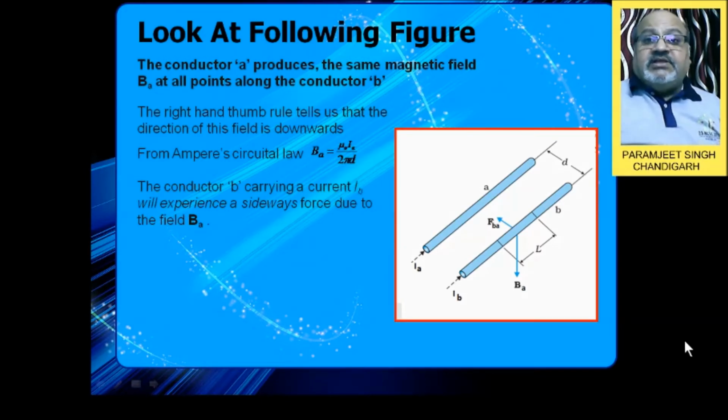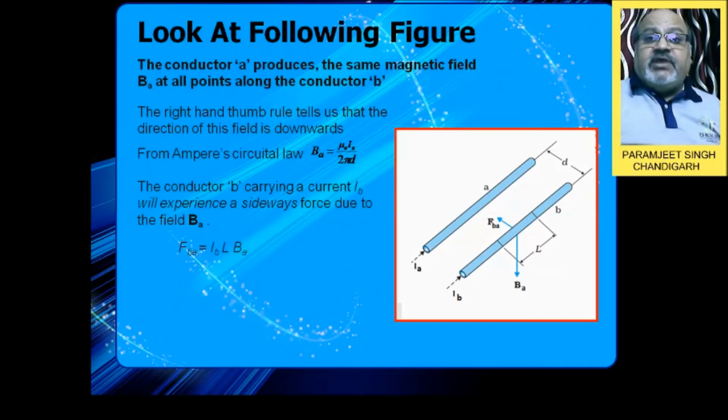Now this conductor is carrying current IB. So force on this conductor will be F is equal to I L B sin phi, and here phi is 90 degrees. So force is ILB, that is, current I, length of the segment of the conductor L, and capital B the magnetic field. So we apply this formula.